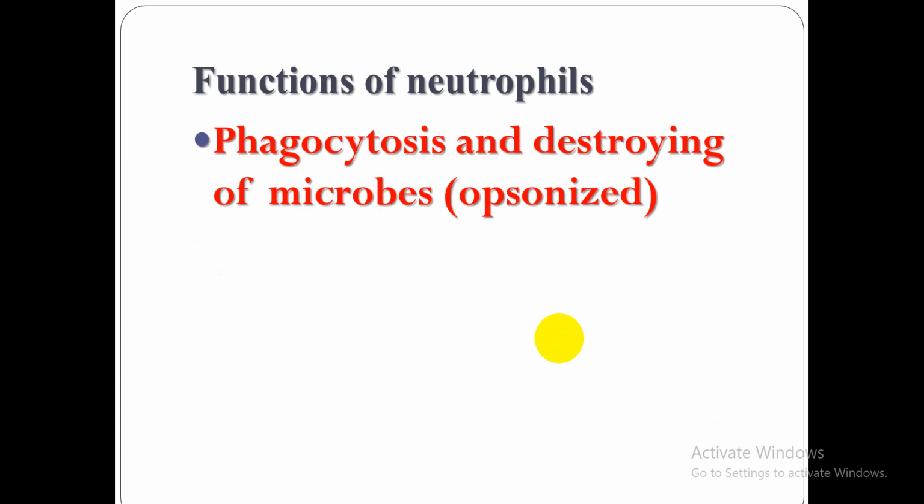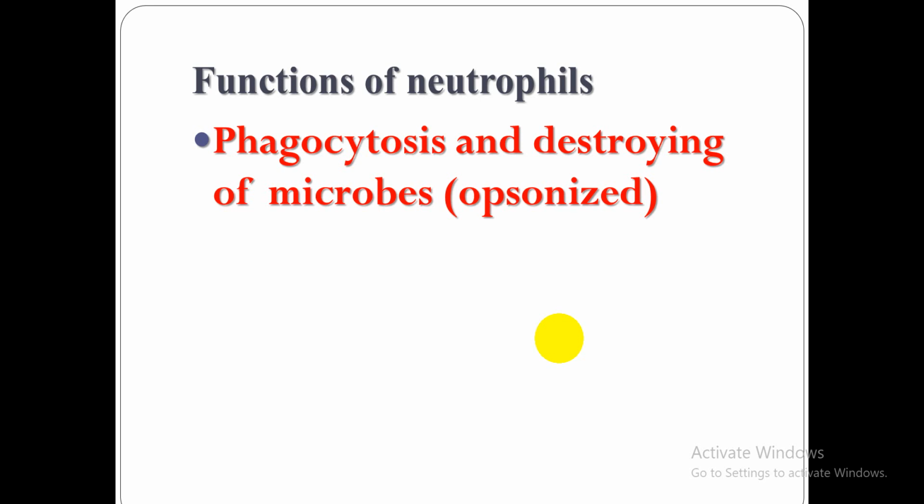The functions of neutrophils. The first function of the neutrophils is phagocytosis and destroying of microbes, especially opsonized microbes.